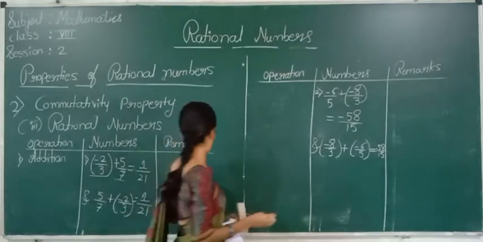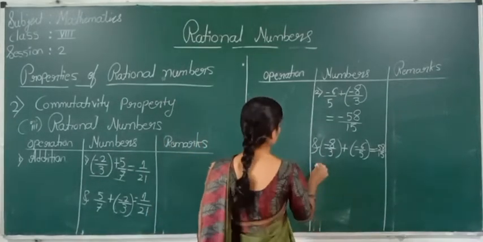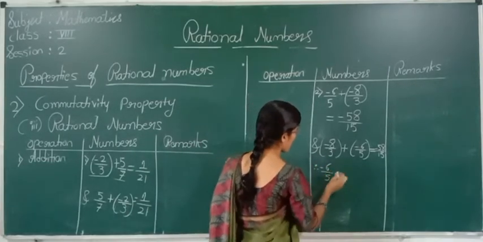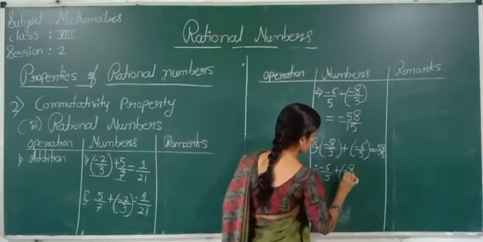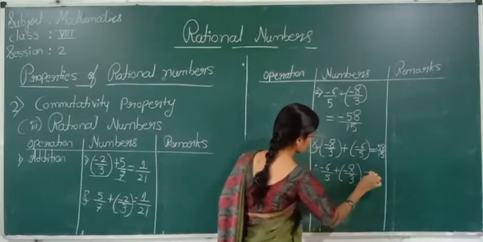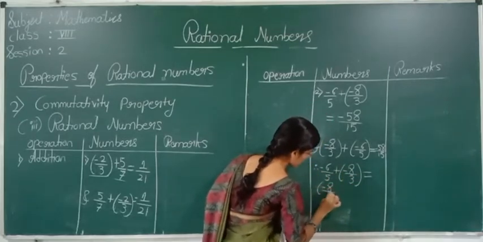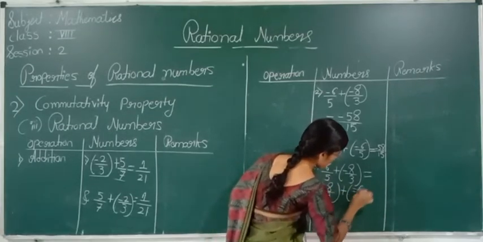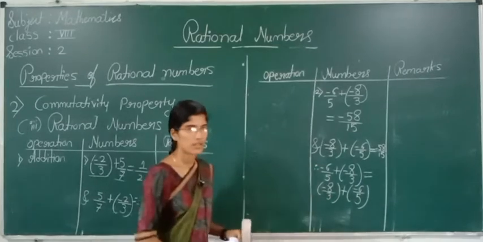Therefore, minus 6 by 5 plus minus 8 by 3 is equal to minus 8 by 3 plus minus 6 by 5. Both are equal, right?